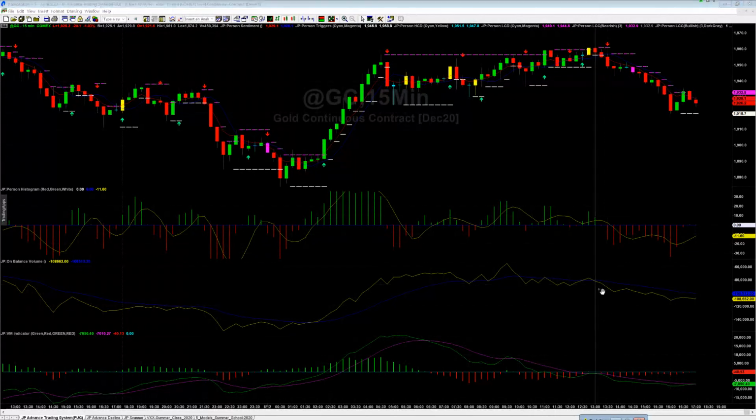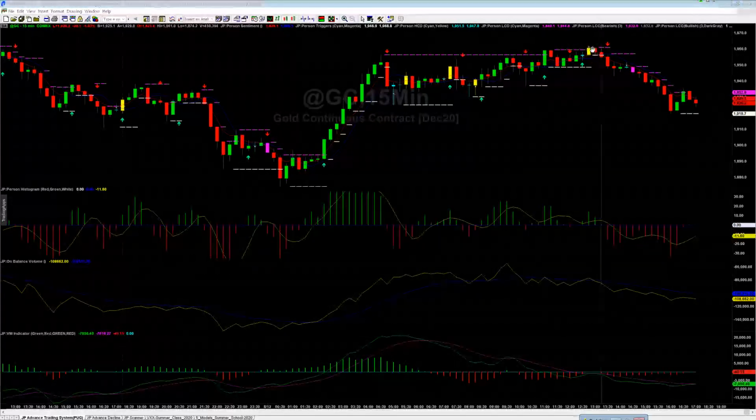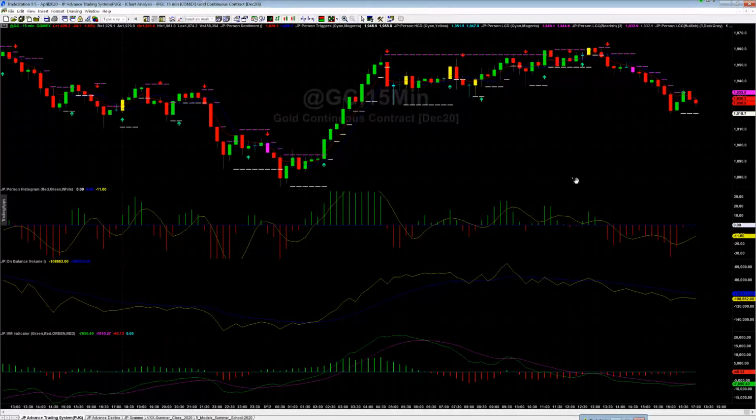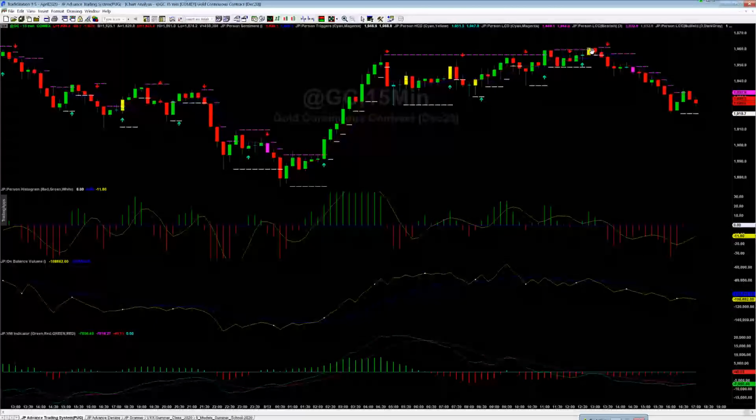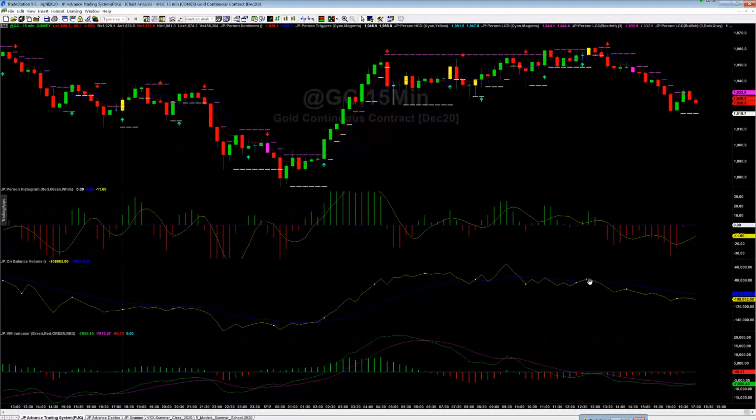On balance volume, at that point in time, we did make a close greater than the prior peak, and on balance volume was still lower. So again, it would have been an effective identification that the rally was weakened under duress, meaning it did not have any strong volume to it.